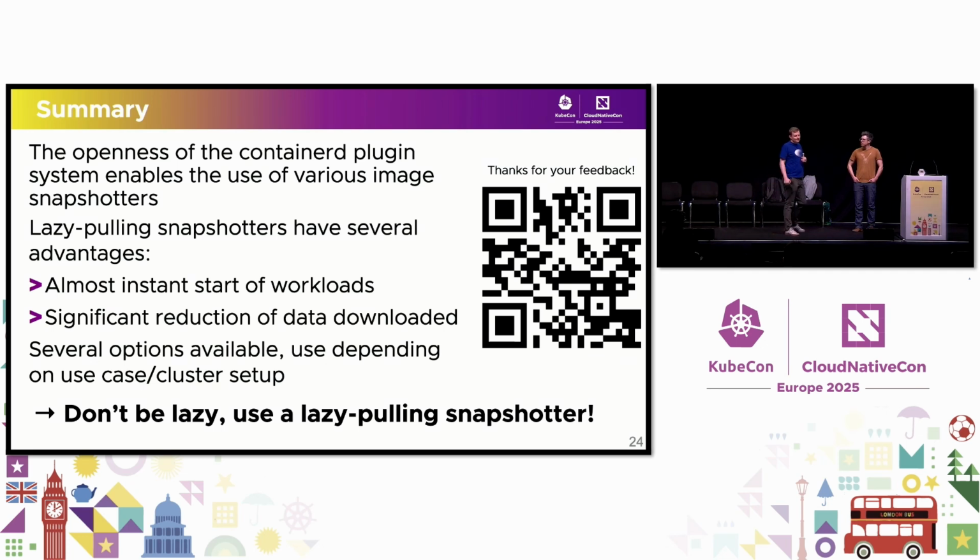But we've seen that in this case, and it's a very good point that you mentioned, the lazy pulling snapshotters don't look that good anymore. We also created very artificially small files, like 100,000 of them, and we could see that things really slow down. So it's a very good question.